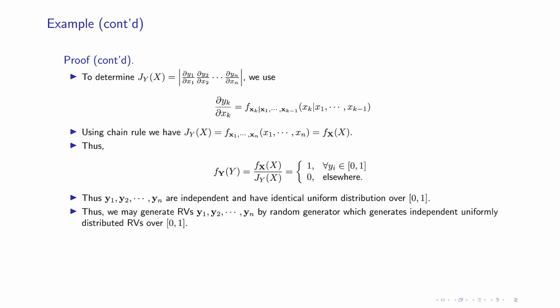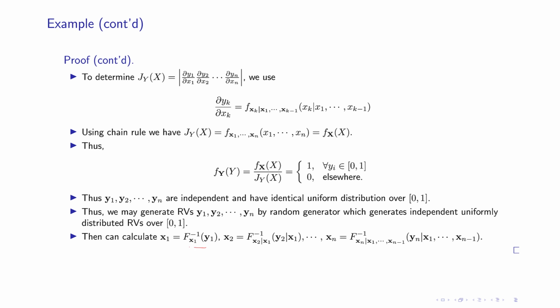So you may generate these as independently generated random variables uniformly between 0 and 1, and then apply the inverses of the CDF, the conditional inverse CDFs, to find this one.